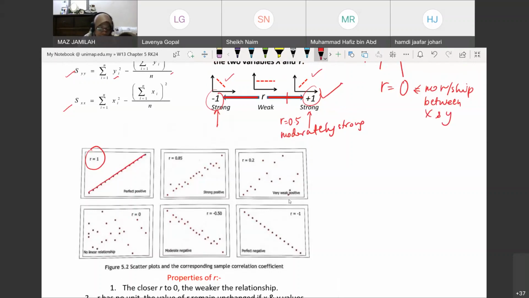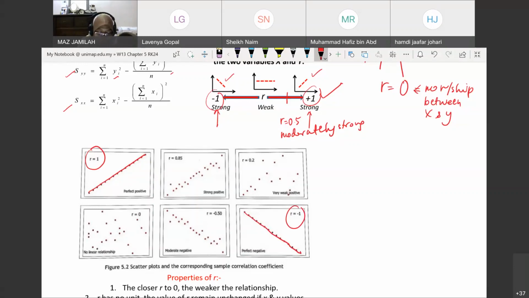You can see that there is no data outside the straight line. So this is what we call perfect, meaning your data is located on the straight line. The same goes for negative 1. For R equal to negative 1, all your data points will form a very straight line.